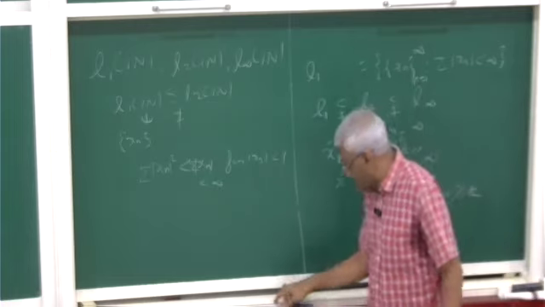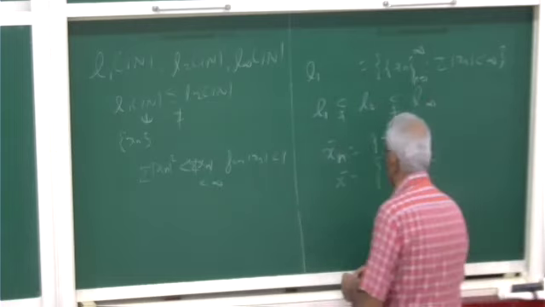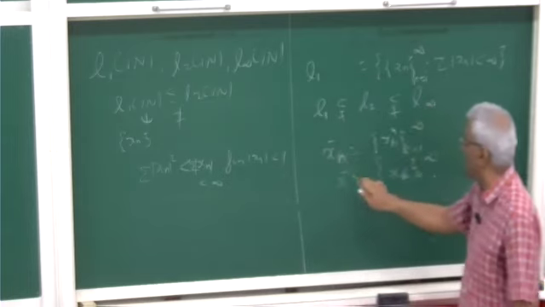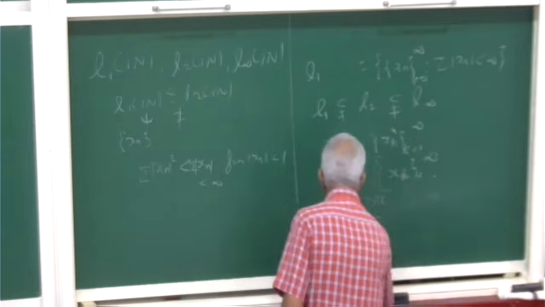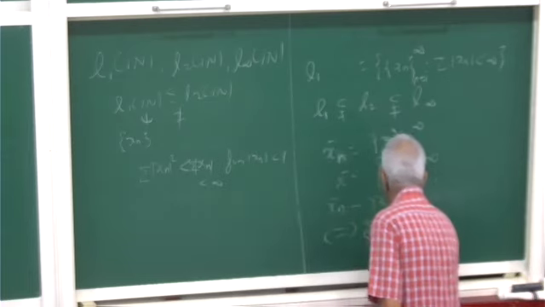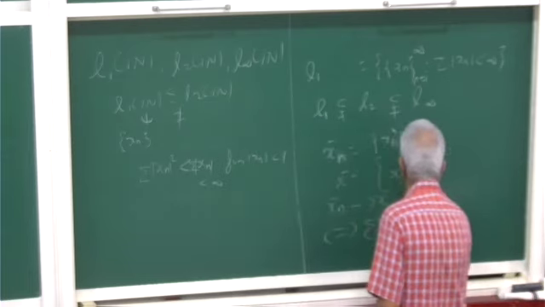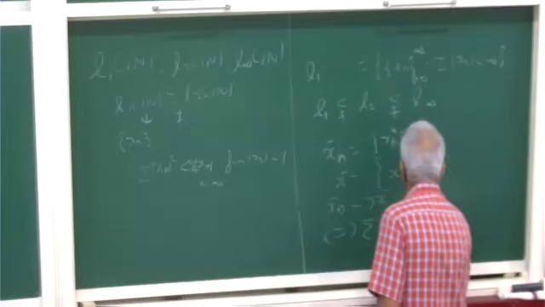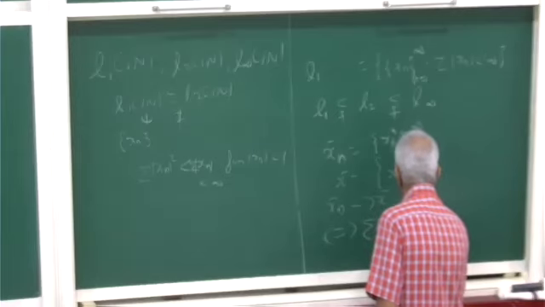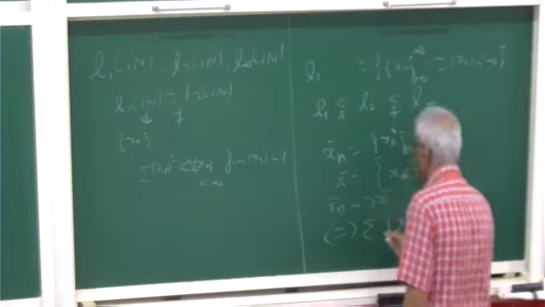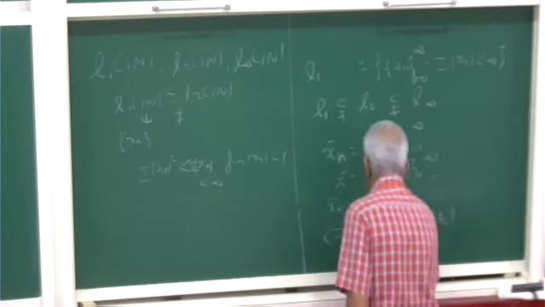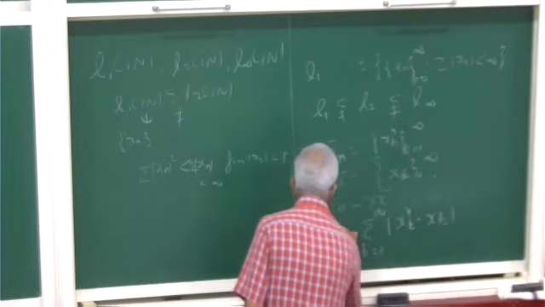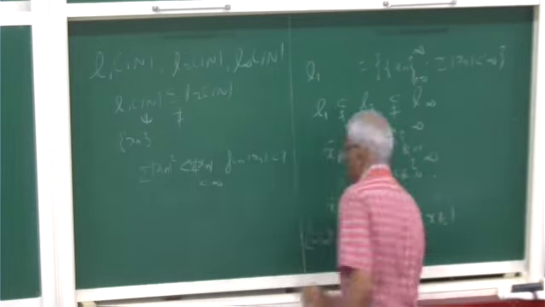L1 convergence means xn bar converges to x bar, which is equivalent to saying that the summation over k equal to 1 to infinity of mod of xnk minus xk goes to 0, where the limit is n going to infinity.